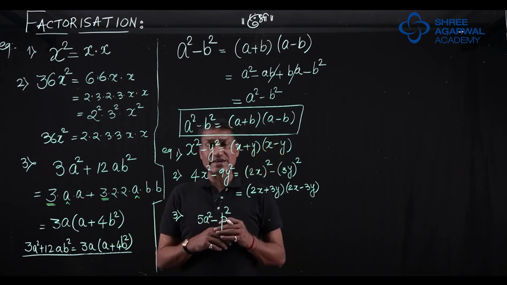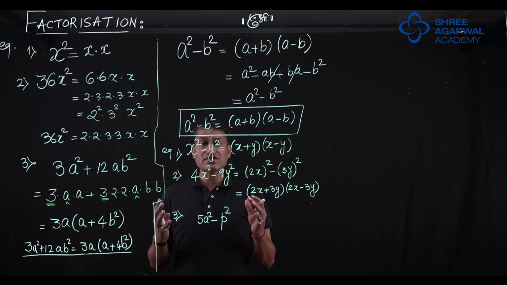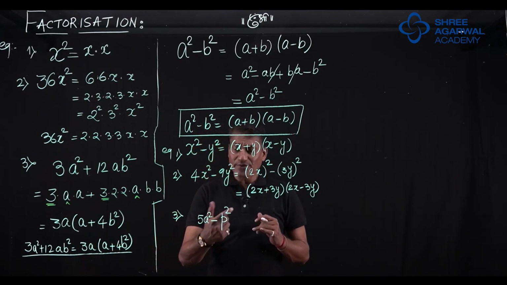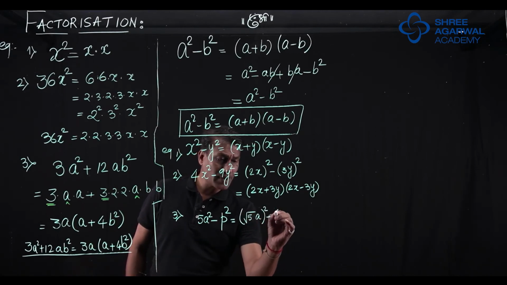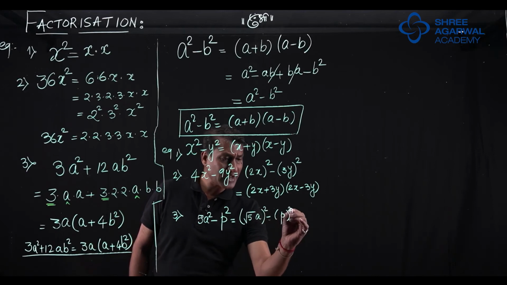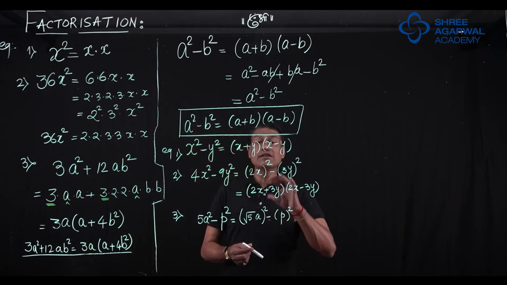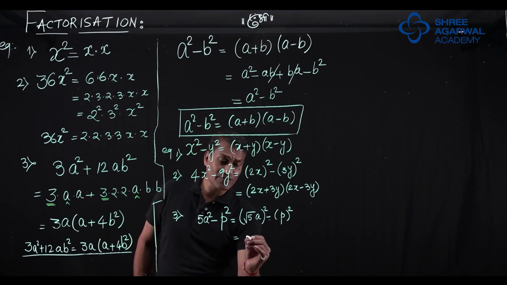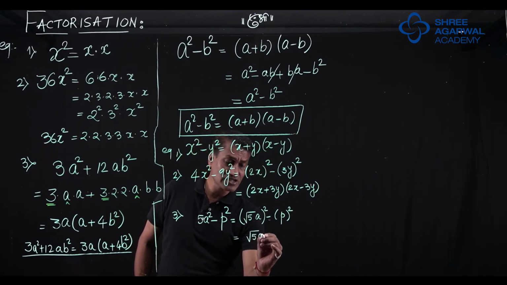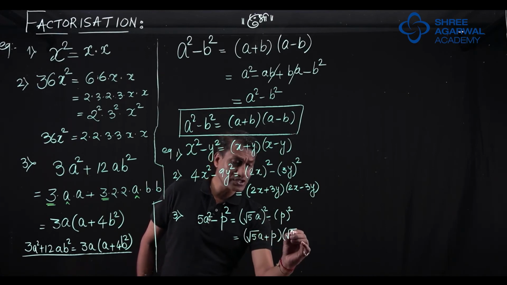Whose square is 5? 5 is the square of root 5. So I would write this expression as root 5a bracket square minus p bracket square. So we wrote it in the format of a square minus b square, and therefore now the factors will be first term plus second term into first term minus second term.